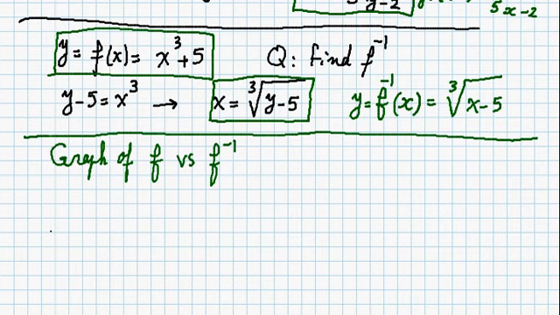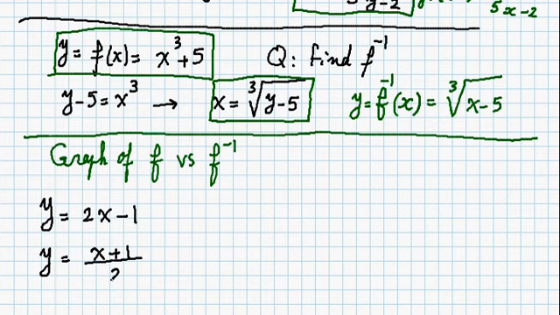We just pick, say, y is equal to 2x minus 1. The inverse of this, by now you have learned how to find the inverse. Go ahead and find the inverse of this function. You will find out that it is x plus 1 divided by 2. Now we want to go ahead and graph both of these two functions.